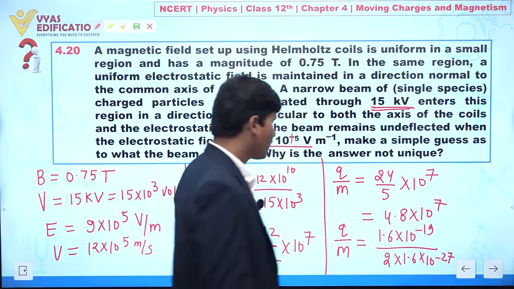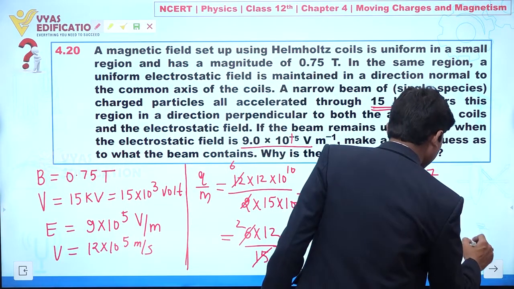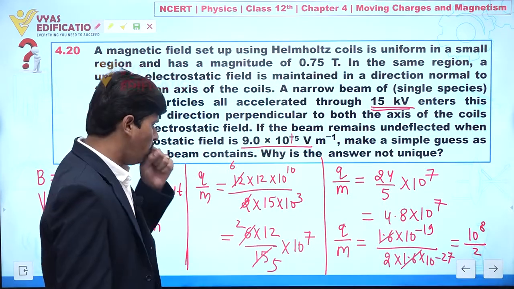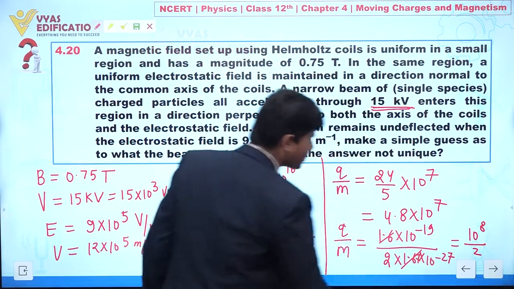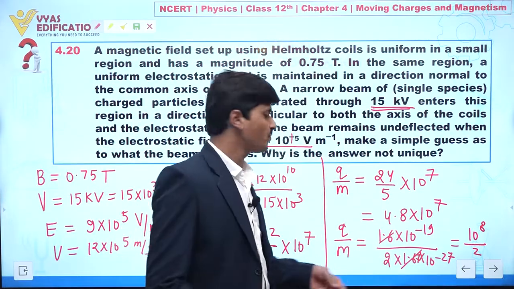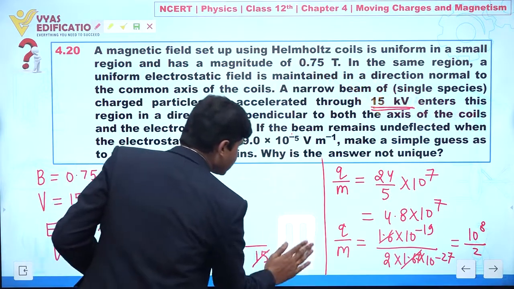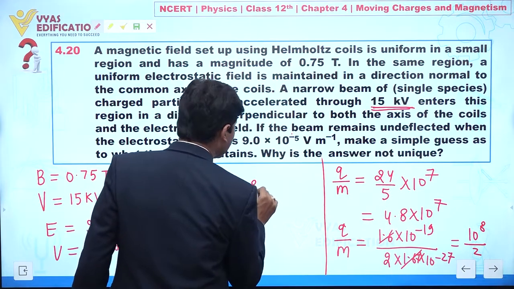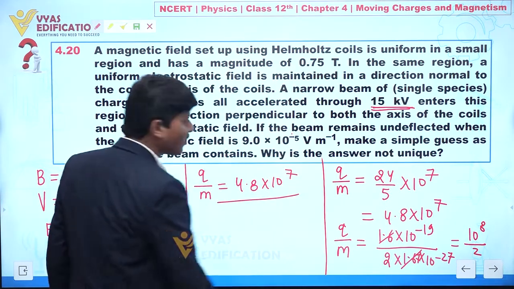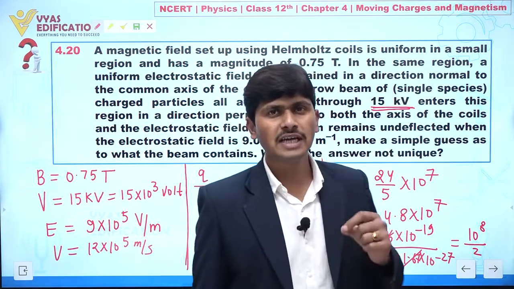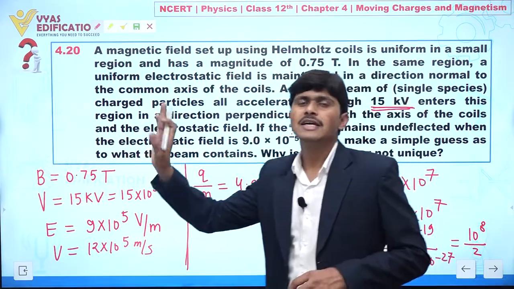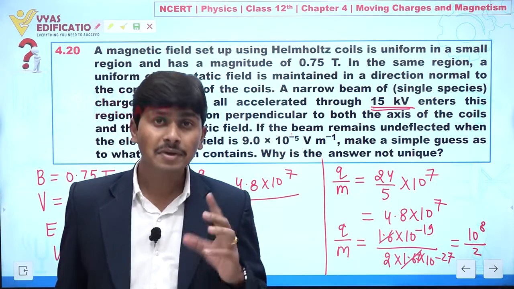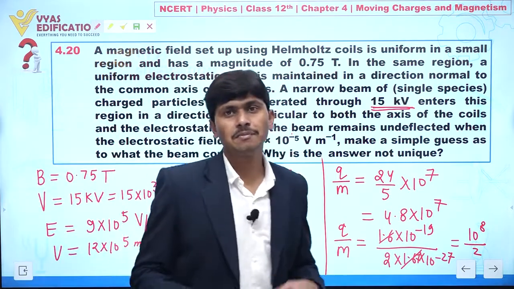Actually it is 1.67, but approximately I am taking 1.6. So the value of Q by M comes out to be 4.8 into 10 to the power 7. The Q by M ratio that we get from this calculation is approximately the same as the Q by M ratio for a deuteron. So it may be a possibility that this charged particle is a deuteron.